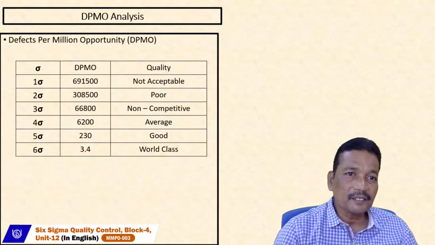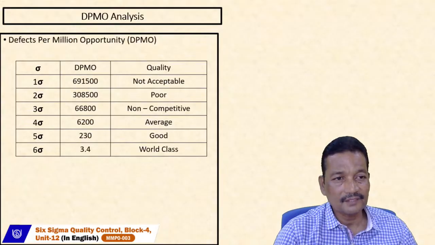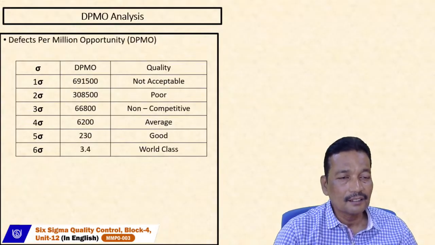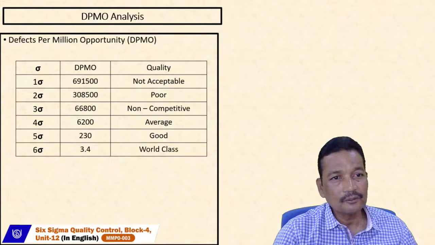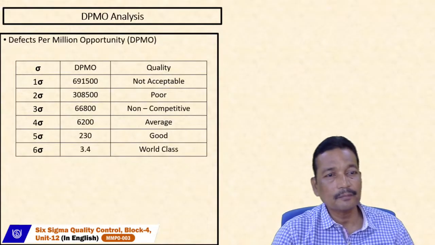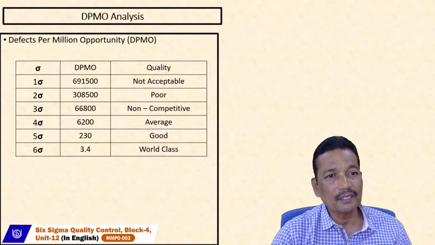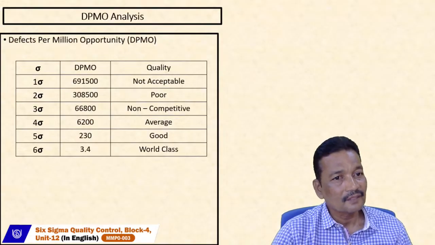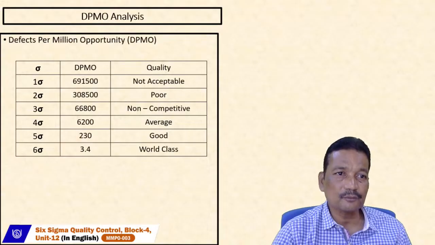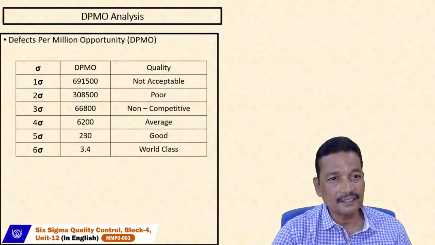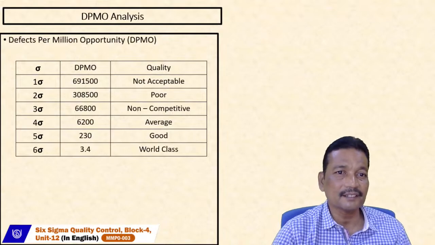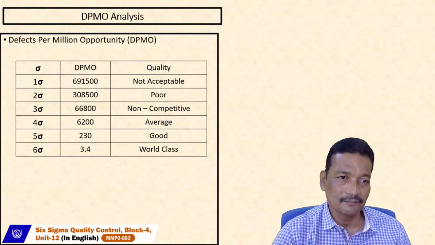If we look at the defects per million opportunities, DPMO, that means defects per million parts produced. If we go by 1 sigma, then the defects produced per million, that means 10 lakhs, is 6,91,500. It is not at all acceptable.